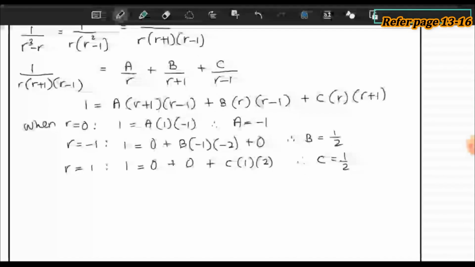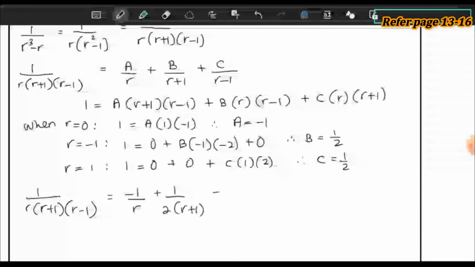So, 1/(r(r + 1)(r − 1)) equals, a is negative 1, −1/r plus 1/(2(r + 1)) plus 1/(2(r − 1)).